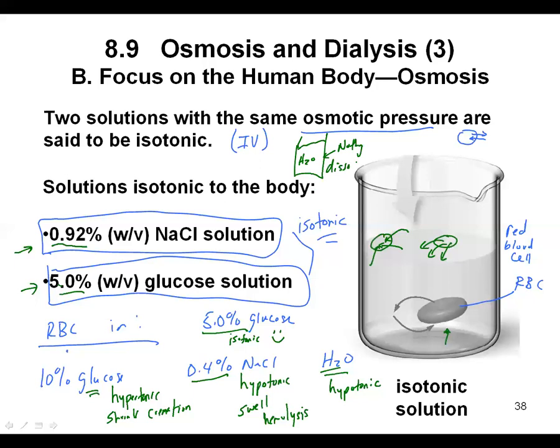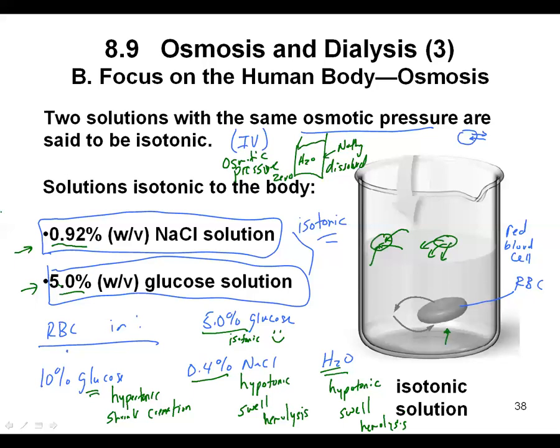It has an osmotic pressure of 0 because it has nothing dissolved in it. So it's actually hypotonic to a red blood cell, and that means that outside of the cell is less concentrated than inside. You would actually get the swelling to occur here. Any questions on that?